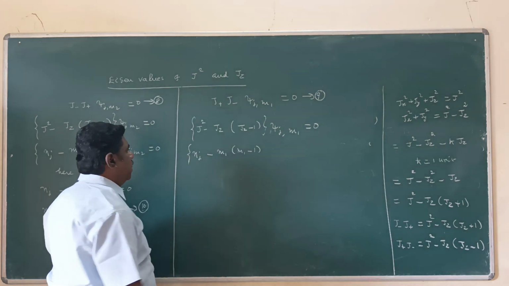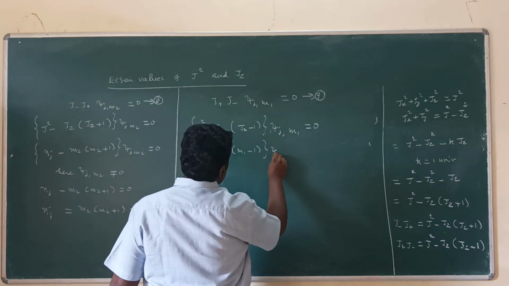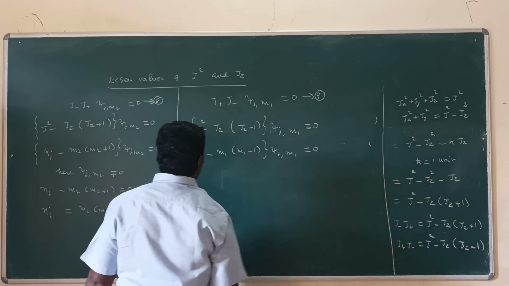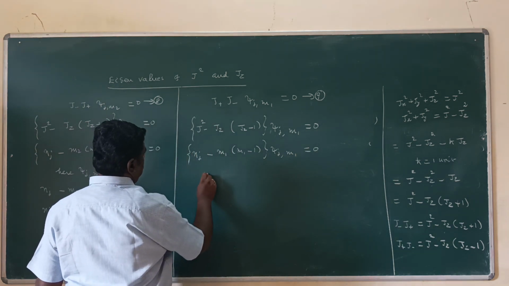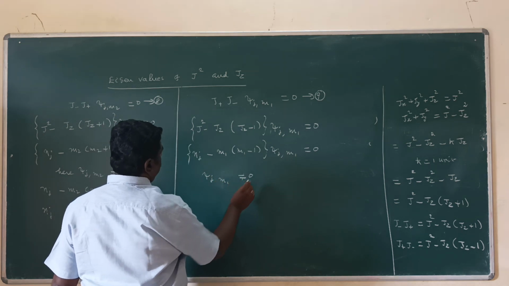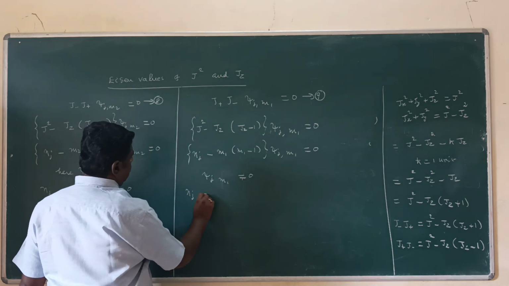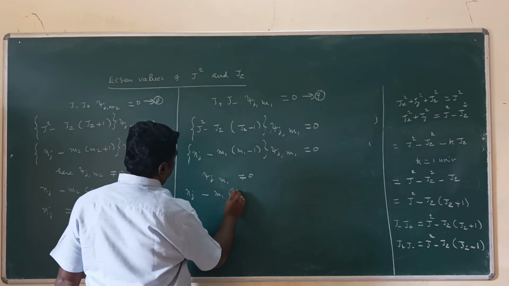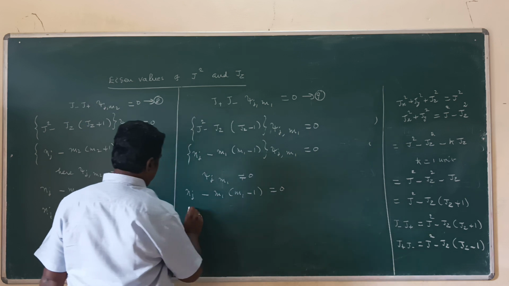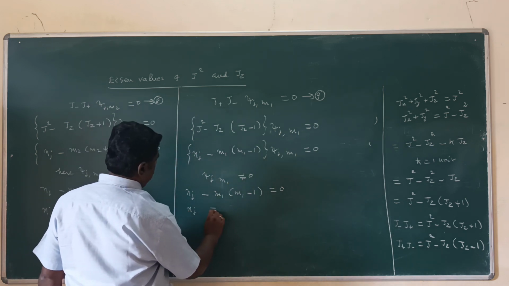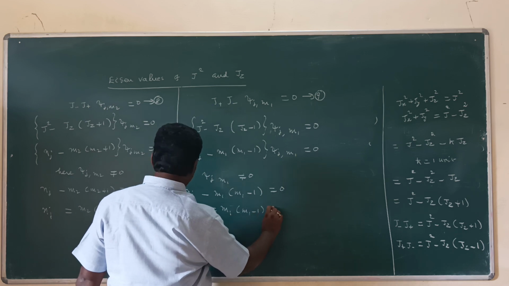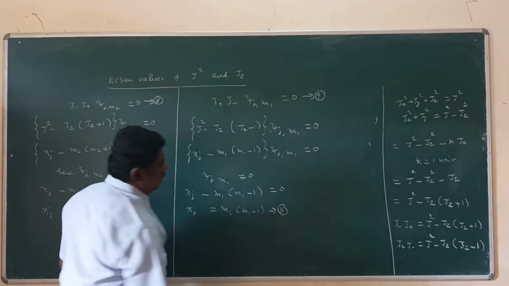The entire is multiplied by ψ(j,m1) equal to 0. Here ψ(j,m1) is not equal to 0. Therefore, η_j − m1(m1 − 1) = 0. So η_j = m1(m1 − 1). This is equation number 11.